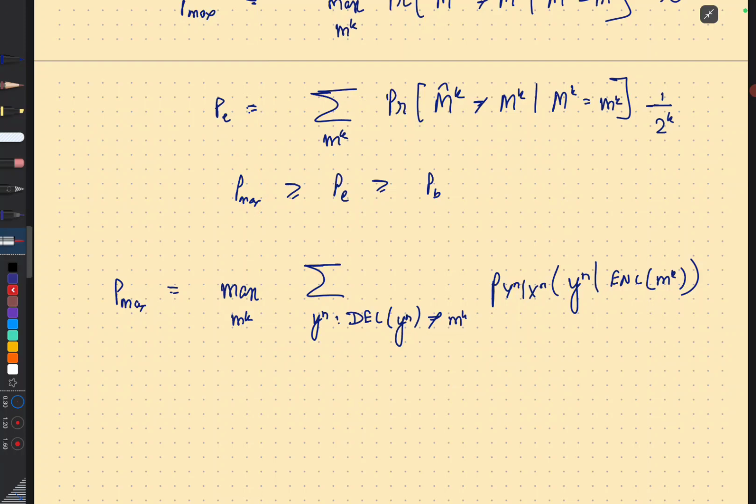But for example, let's take a dumb code where two messages are mapped to the same code word. For whatever reason, you design the code badly. This means that for that pair of messages, it's impossible to distinguish between them, so one of those messages is always going to be in error. But maybe this collision happens for only one pair of messages, and so the average probability of error maybe goes down to 0.